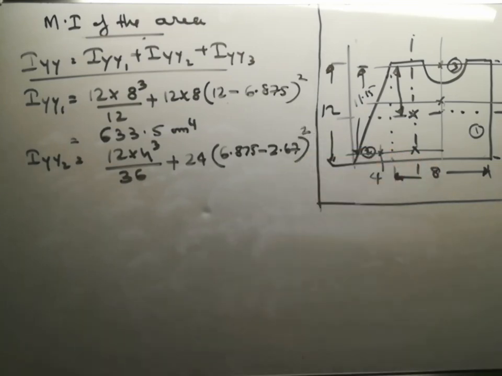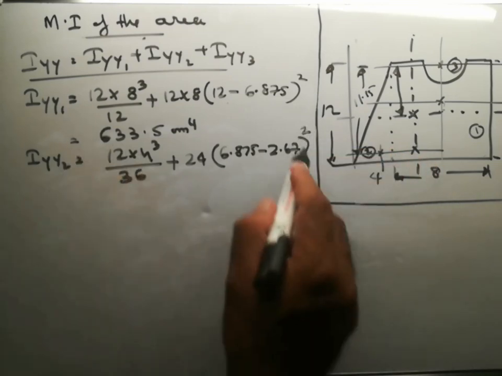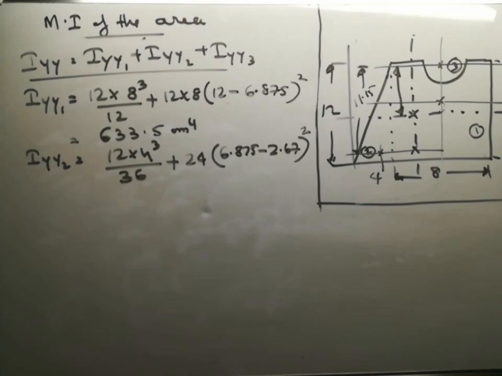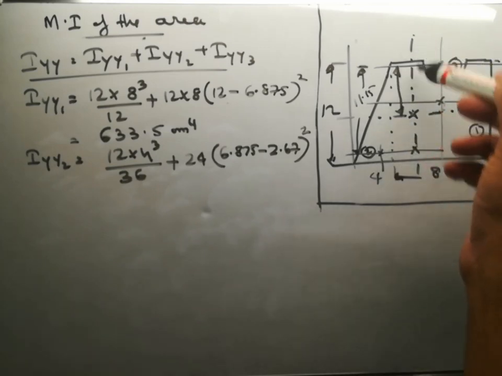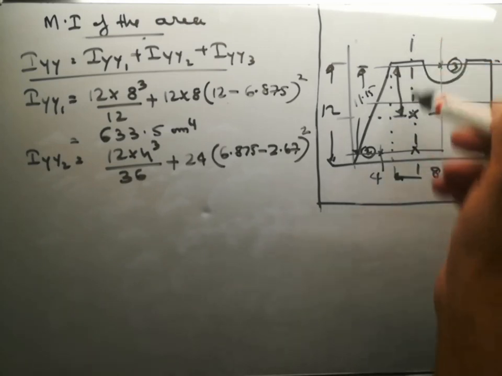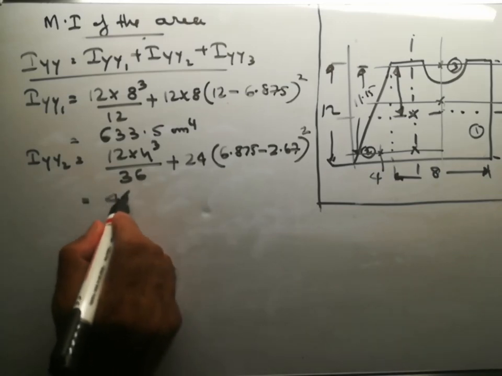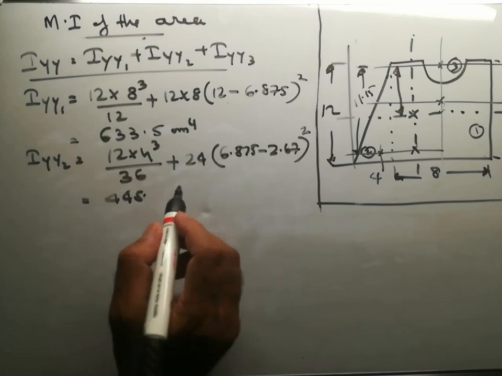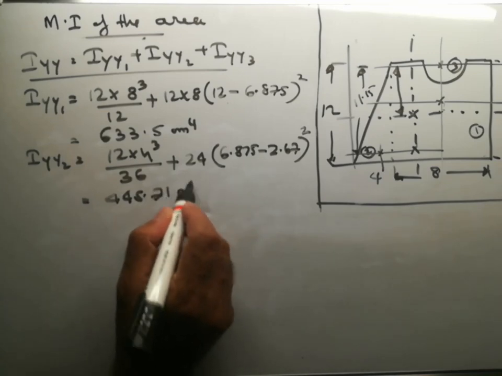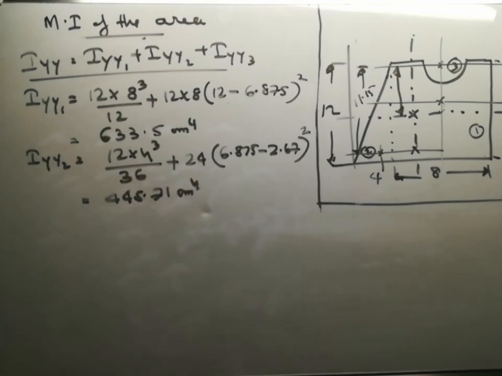Its square will give you the moment of inertia. So this will be the equation for the moment of inertia of the right angle triangle about the centroidal vertical axis, and it should be equal to 445.71 centimeters raised to 4.